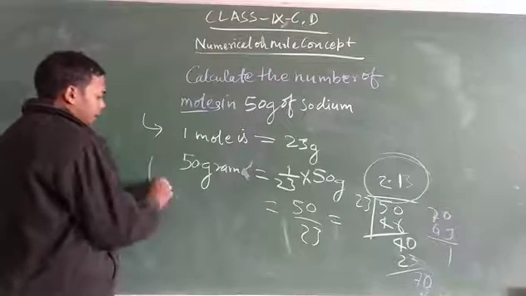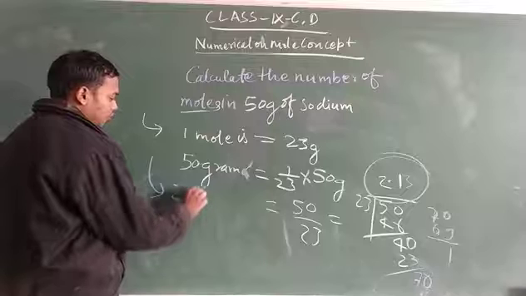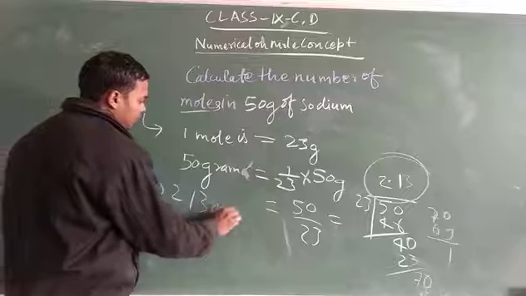So 50 gram of sodium contains 2.13 moles.